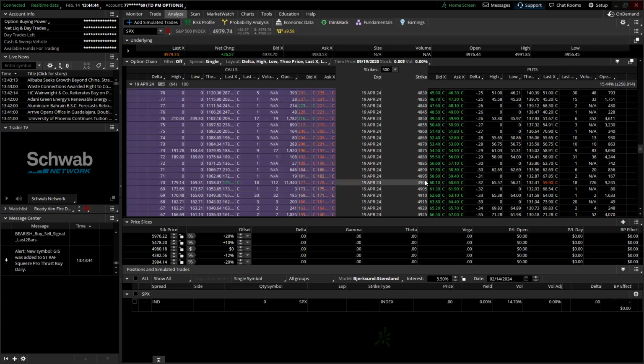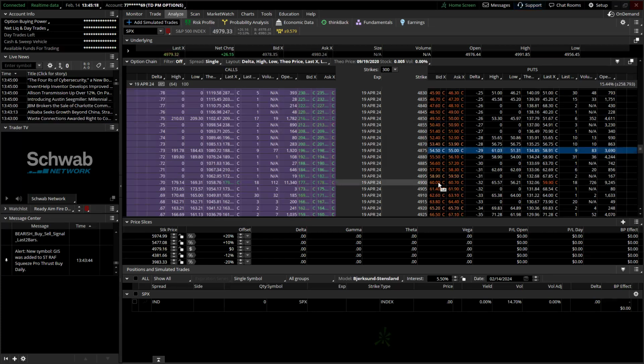So for example, 4,900 will have volume of 726 options traded today with 9,200 open interest. And then there's really nothing, right? Very little on the next strike over. Next strike is also kind of little. Then we look at 4,875, that's a quarter. So we have 83 volume with 3,700 interest. And that's why I like to use round numbers.